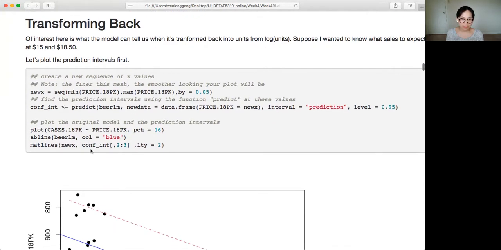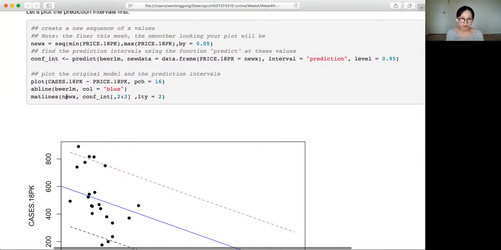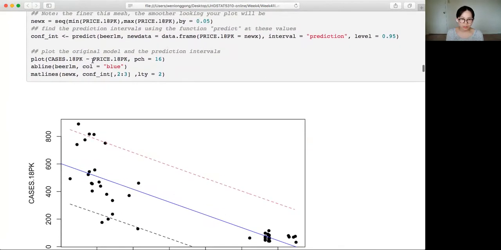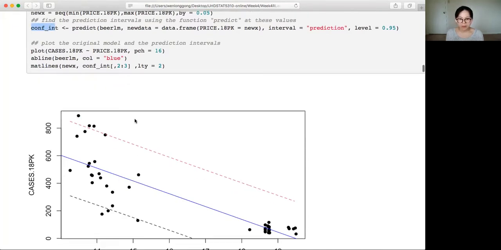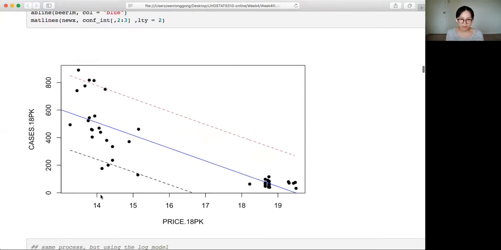And we plot the data with a regression line in blue, and also add the interval that I named conf int y. I added this prediction interval here. Well, it does not look very good. It did not even cover the data at all.